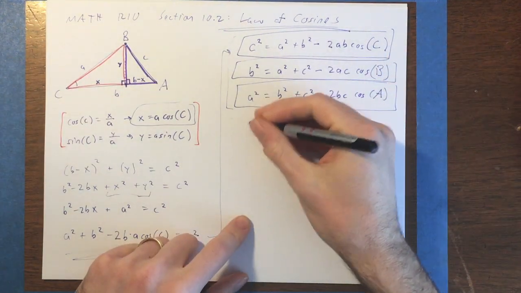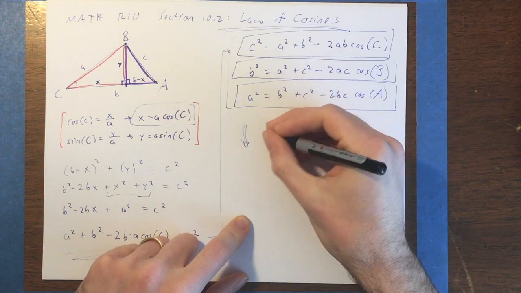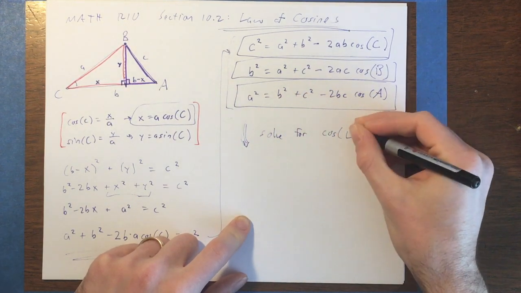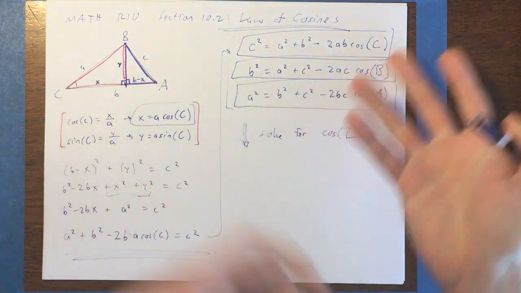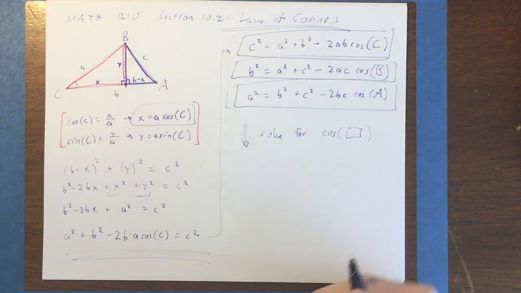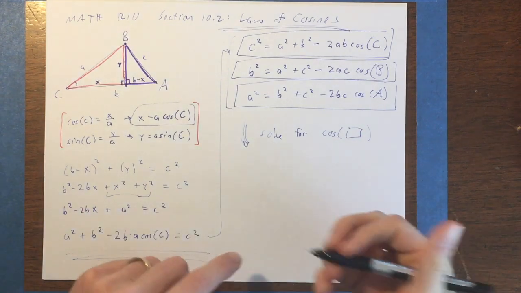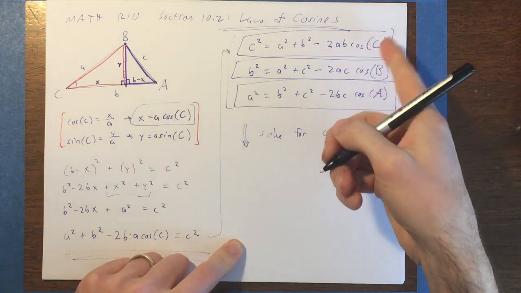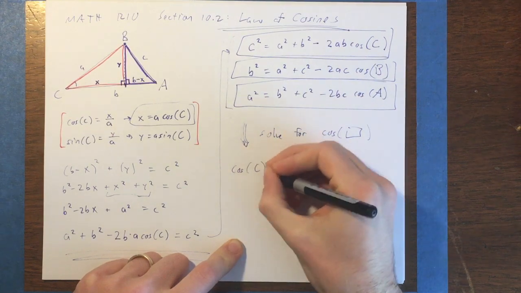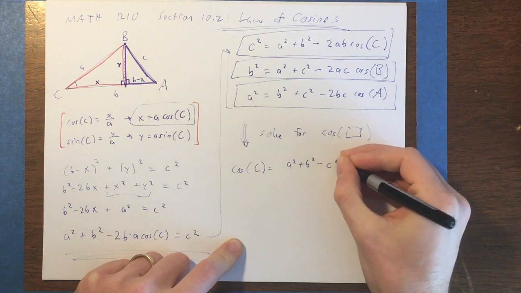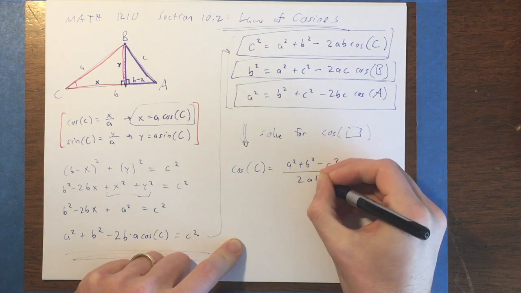There's also something you can do where you solve for the cosine of the angle, which gives a useful form if you're trying to solve for an unknown angle. For the first formula, solving for cosine of c gives a squared plus b squared minus c squared divided by 2ab.